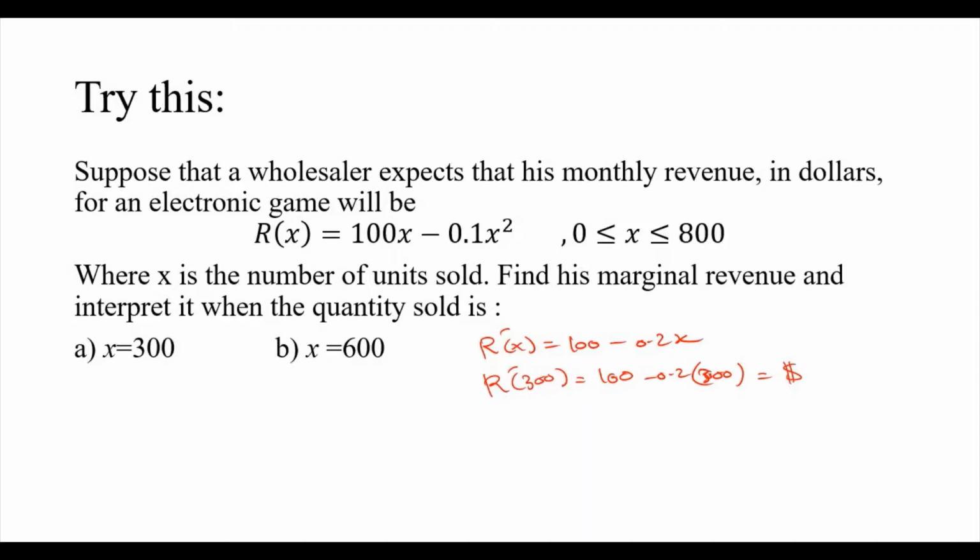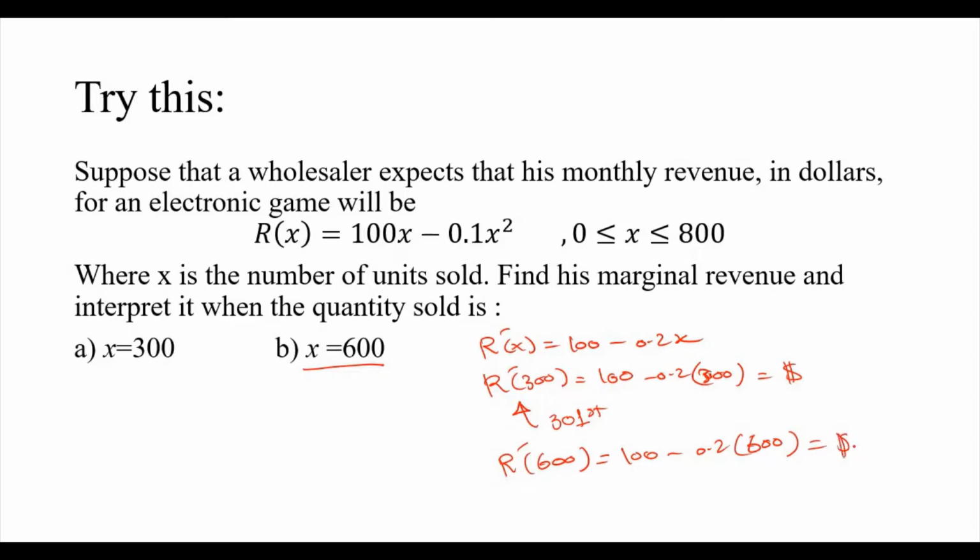So that means the revenue from the 301st unit is going to be represented by the marginal revenue function. To do that for 600, it's exactly the same process. You're going to find the marginal revenue at 600 units, which is 100 minus 0.2 times 600.